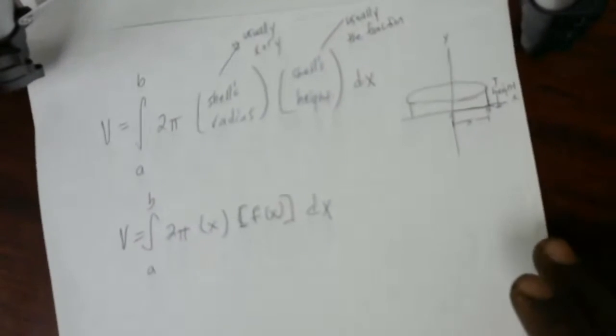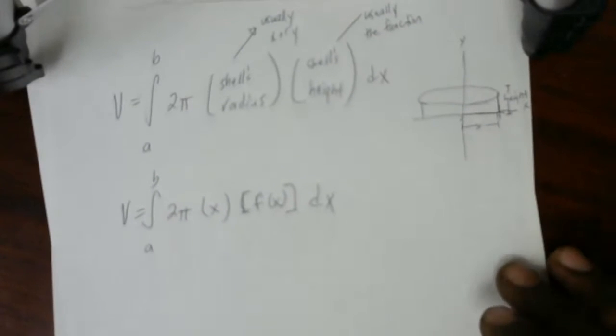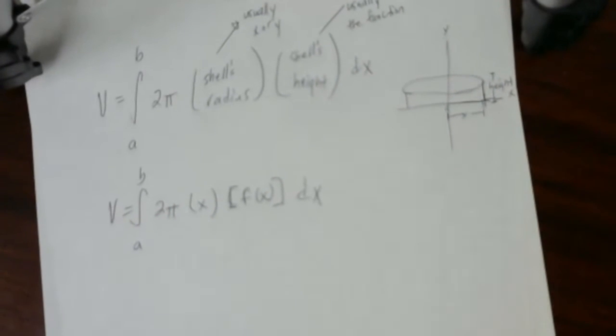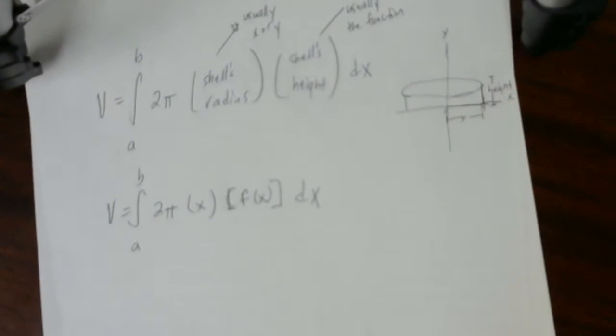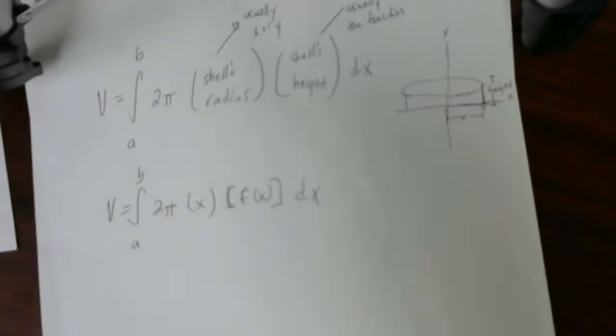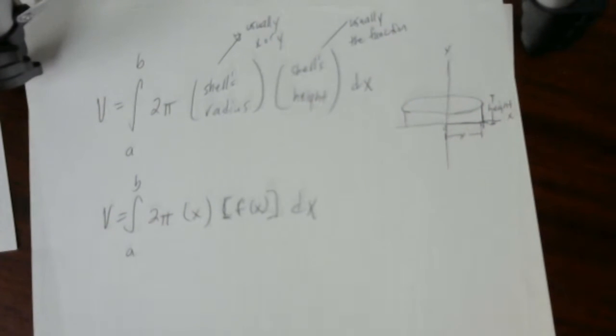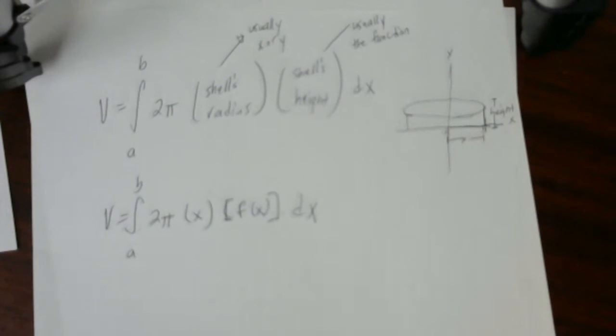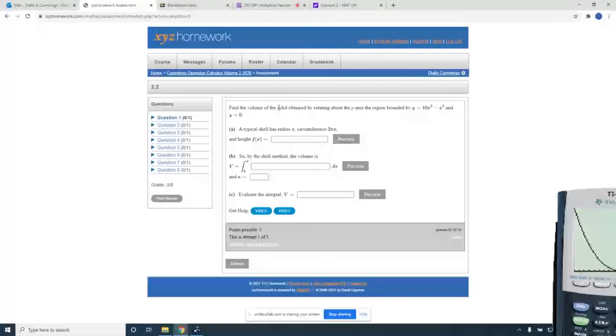All right, so I think that we have everything that we need, right? So just to double check, I'm going to go back to the application screen for just 1 second. Right, we're rotating about the y-axis using the shell method.